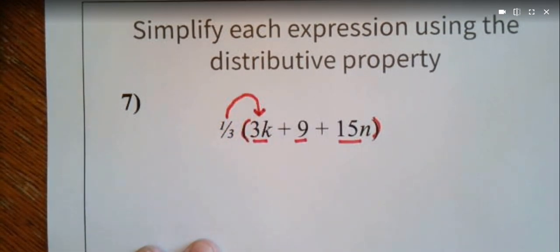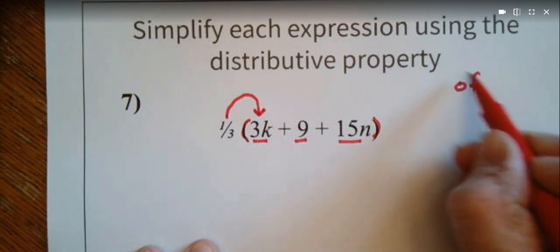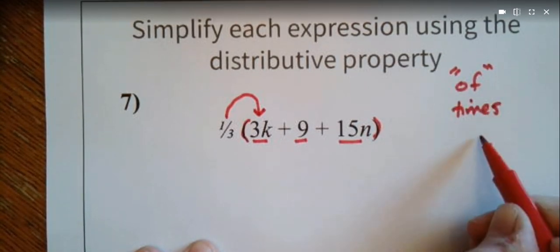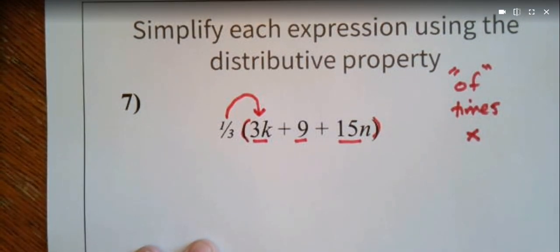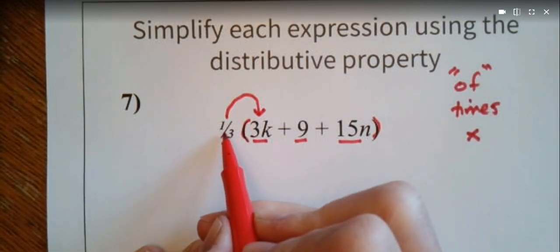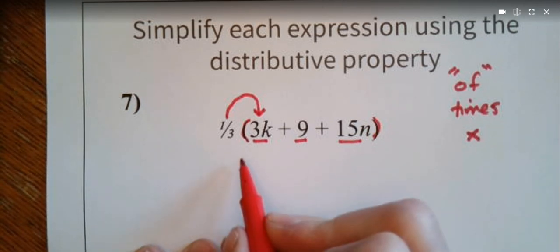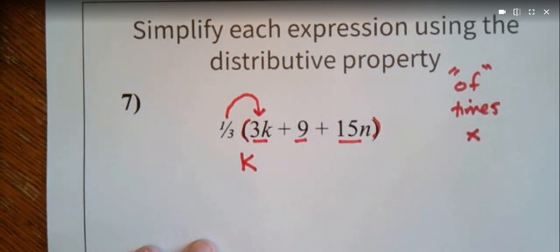1/3 times 3k. Now again, when you think of the word times or multiply, I want you to think of the word of. 1/3 times 3k, or a third of 3k. What's a third of 3? Well, a third of 3 would be 1. 1k. Now, do I need the 1 in front of it?